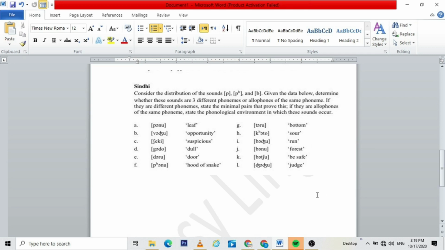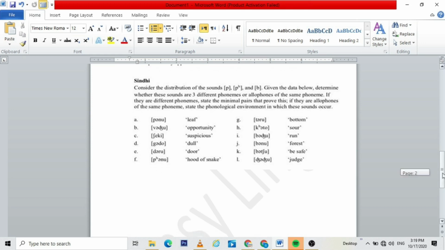And in answering the question, we should say, because we have a minimal pair and we should give the minimal pairs, we should write this pino, pino, and bino. Because these are minimal pairs, this means that the different sounds p and p aspirated and b are actually different phonemes. So this is how you answer the question.